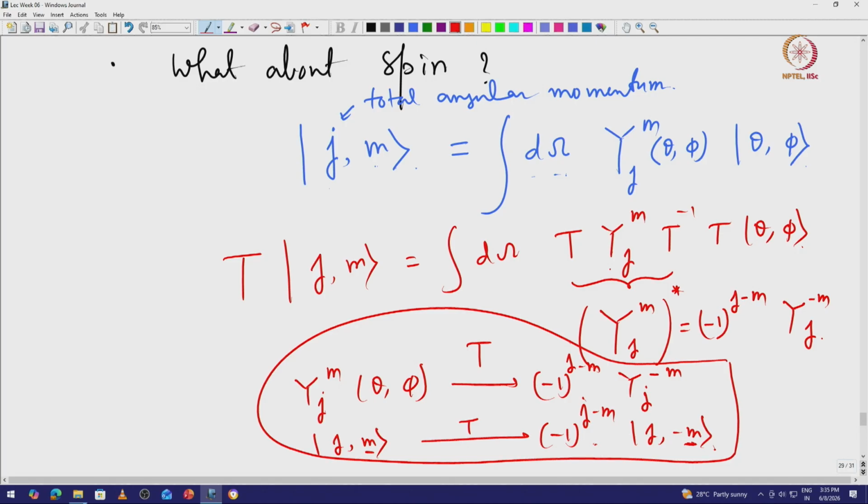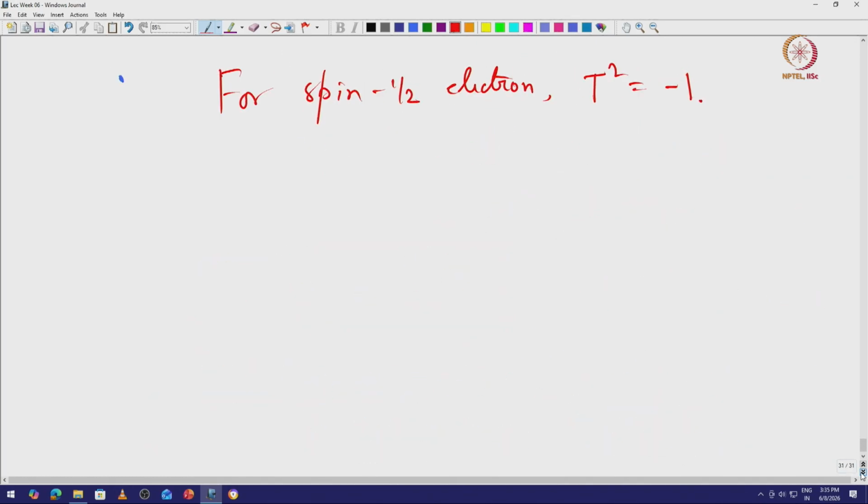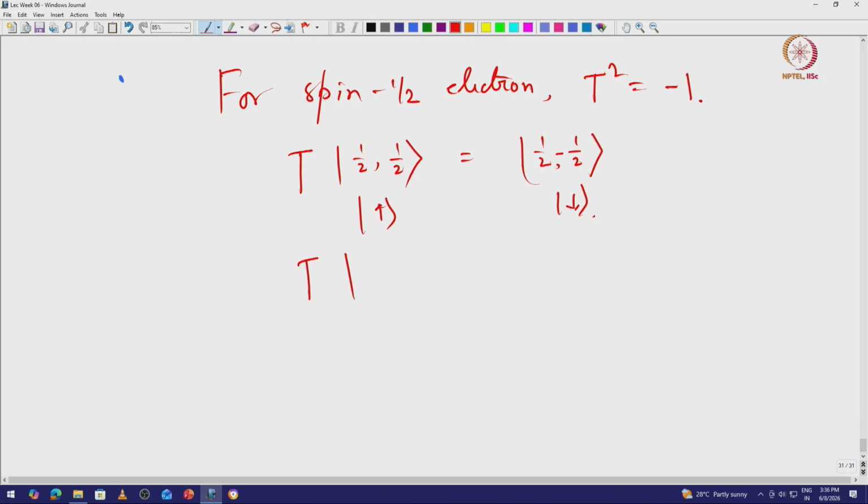But now you see something interesting here. If I do that algebra, what we will find is that time reversal acting on half half, which we will call up spin, goes to half minus half, which is our down spin, and T acting on down spin will however go to minus up spin.